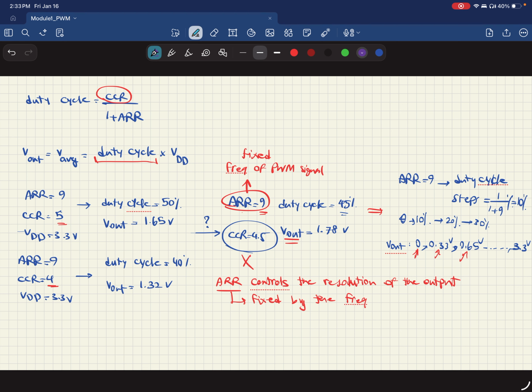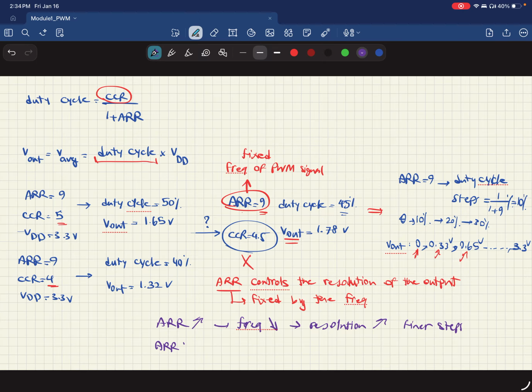So this becomes an engineering problem: if ARR is set high, then frequency is low, but resolution is high. So you have finer steps, finer levels of voltage.